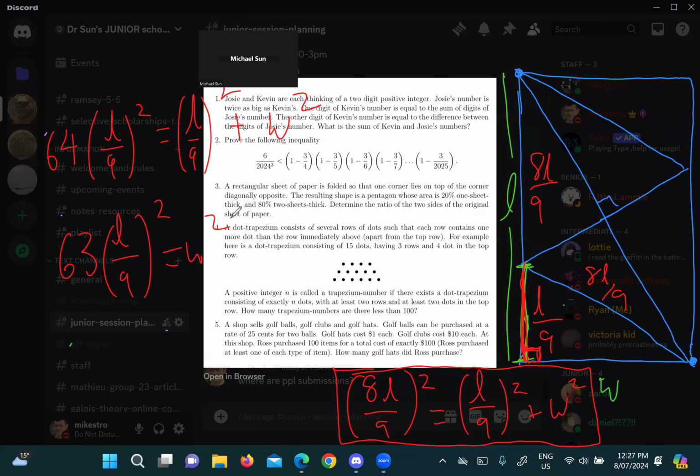So you took the square root of both sides. Yeah. So usually it's plus minus, but we know everything's positive. That's something that's going to come back to haunt you if you don't take care of that. So you get root 63 L over 9.